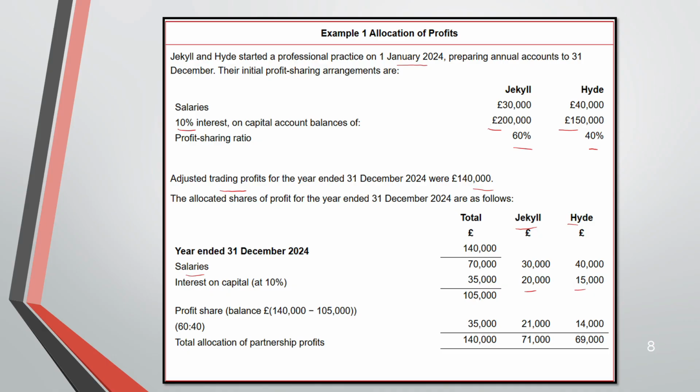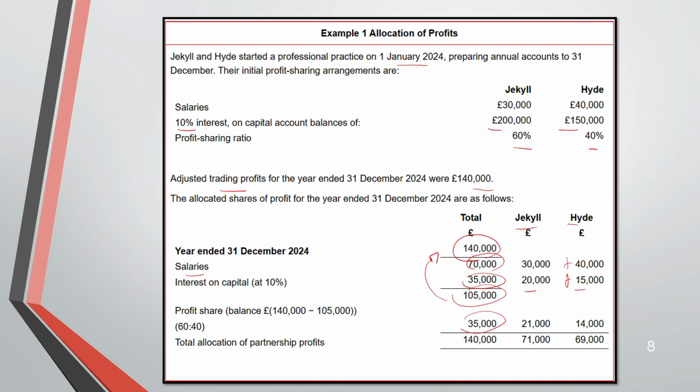So what is the total profit? 140. Salary is 70, interest is 35, so 105 is the total. From 140, take 105 out, you are left with 35,000.